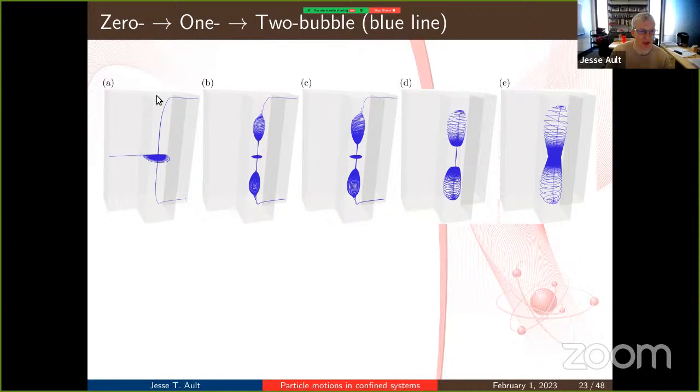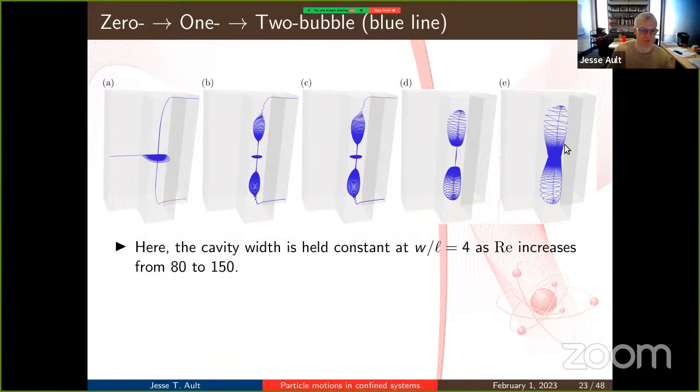Originally at low Reynolds numbers, this is the typical picture where you just have a single stagnation point on the center plane. You don't have any trapping or anything. And as you increase Reynolds number, suddenly these two regions appear off the center plane and they're well separated. And then as you increase the Reynolds number, they'll actually grow and eventually merge.